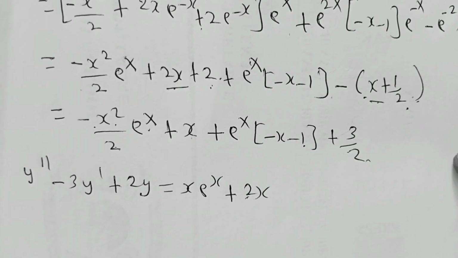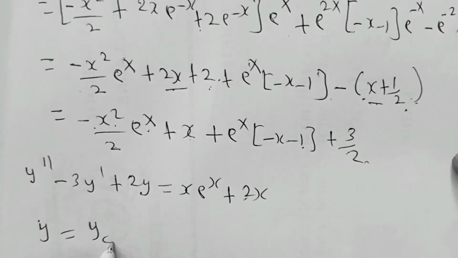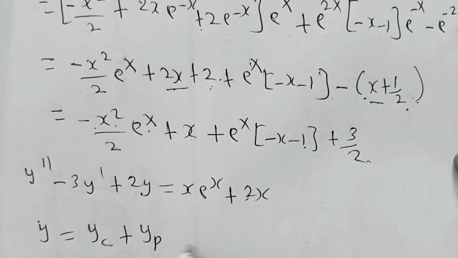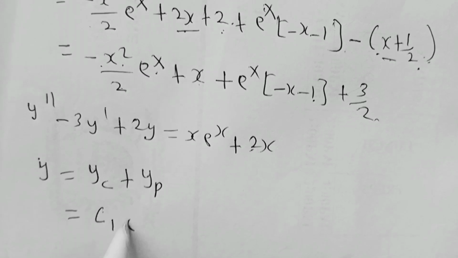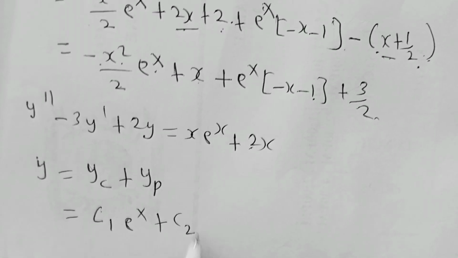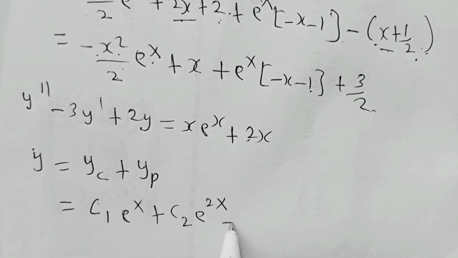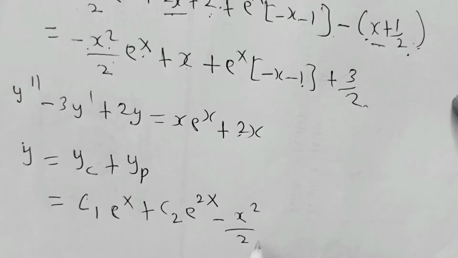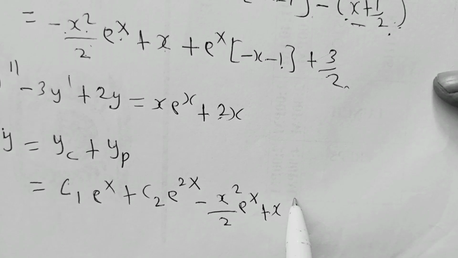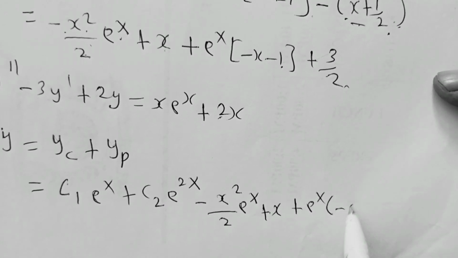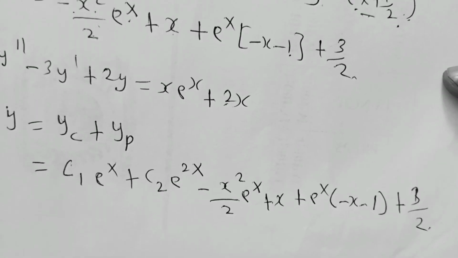So our solution of the given O.D.E will be y, which is equal to y complementary plus yp, which is equal to c1 exponential x plus c2 exponential 2x, then plus this other part here, minus x squared over 2 exponential x plus x, then plus exponential x bracket negative x minus 1 plus 3 over 2, which can be simplified if need be.